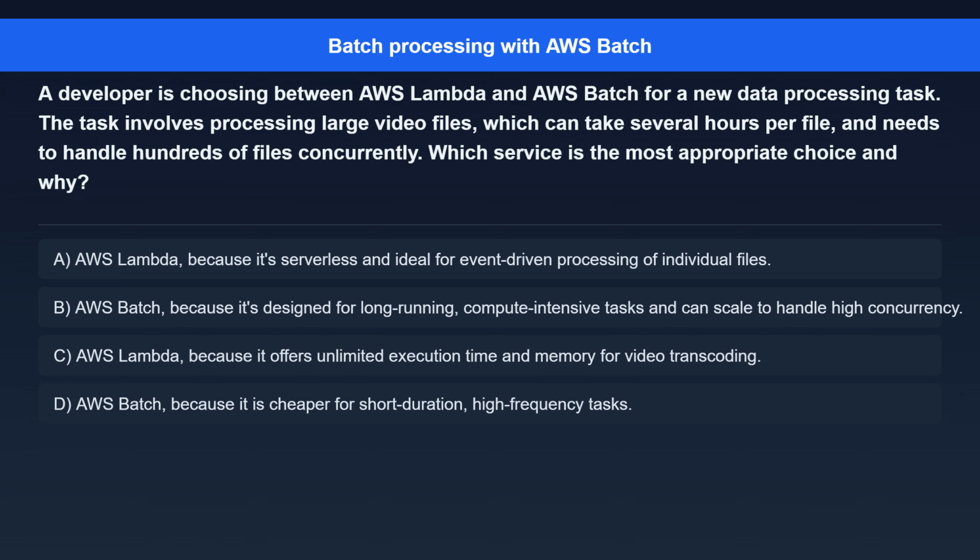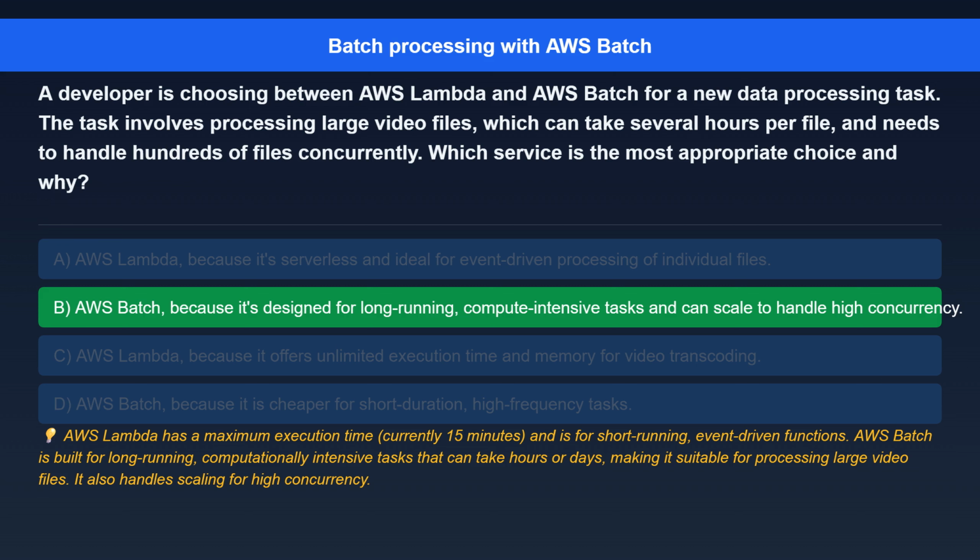Option B, AWS Batch, because it's designed for long-running, compute-intensive tasks and can scale to handle high concurrency. Option C, AWS Lambda, because it offers unlimited execution time and memory for video transcoding. Option D, AWS Batch, because it is cheaper for short-duration, high-frequency tasks.